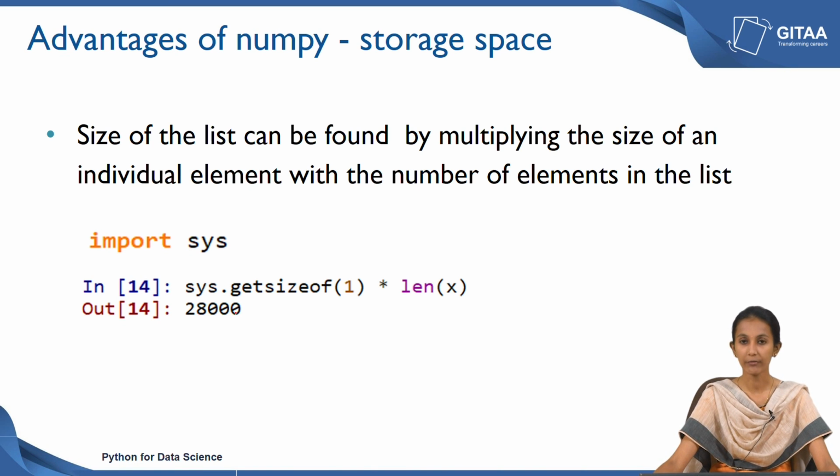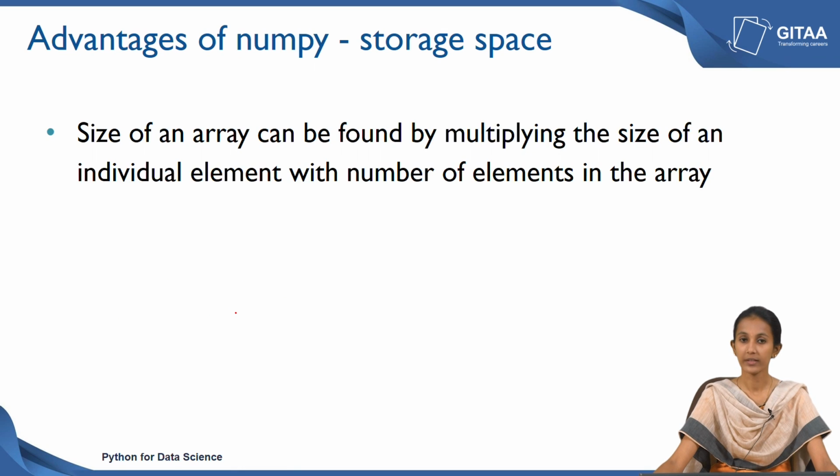Similarly, we will calculate for the array as well. The size of an array can again be found by multiplying the size of the individual element with the number of elements. So, if you have 10 elements, it first calculates the size of one individual element and multiplies with the 10 elements in the array.